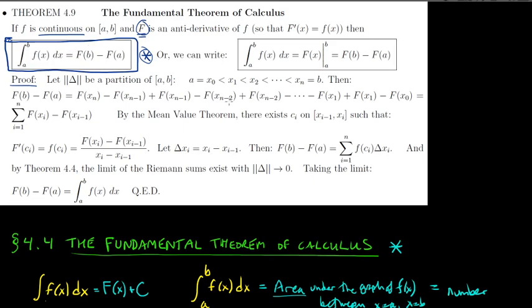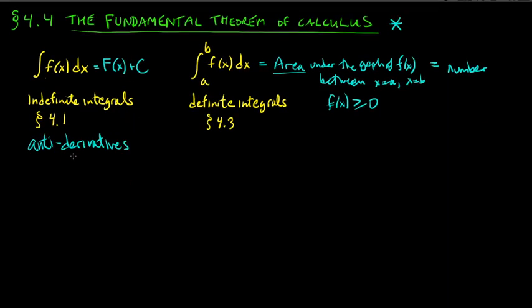Okay, so I'm going to scroll down and write this down again, because this is the key here. And we'll do some examples to show you just how powerful this statement is. So the fundamental theorem of calculus just says the following: under the right conditions, the definite integral from a to b of any function f of x is just going to be the same as the antiderivative evaluated between a and b.